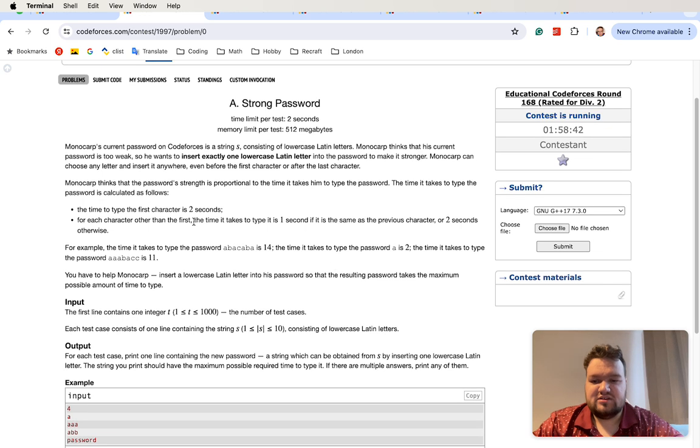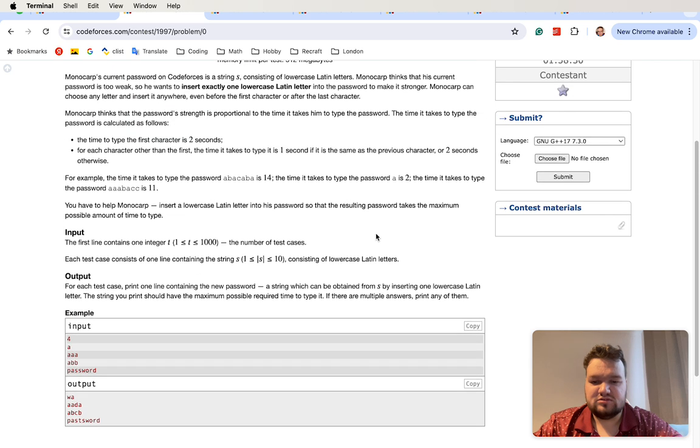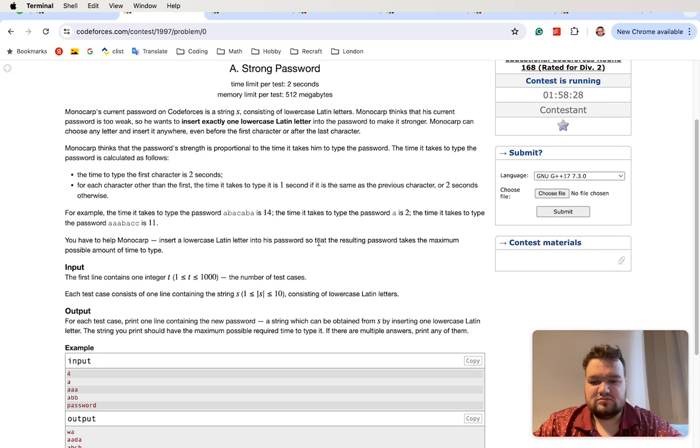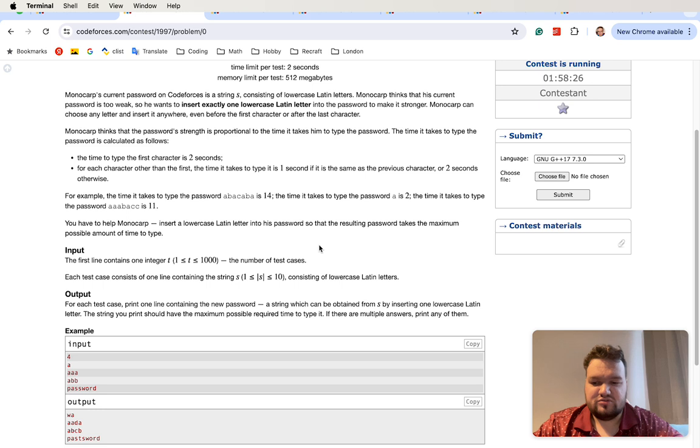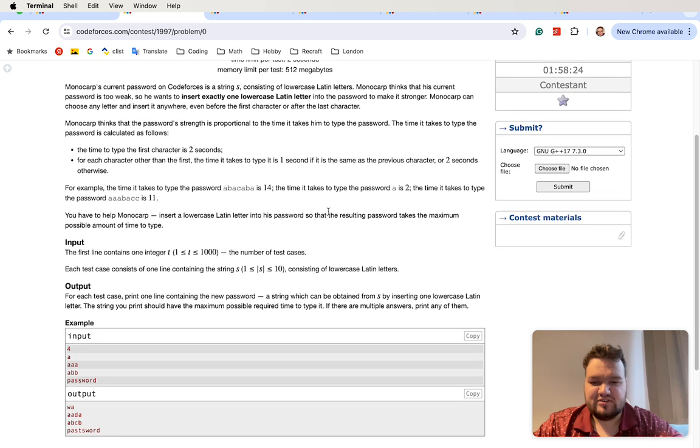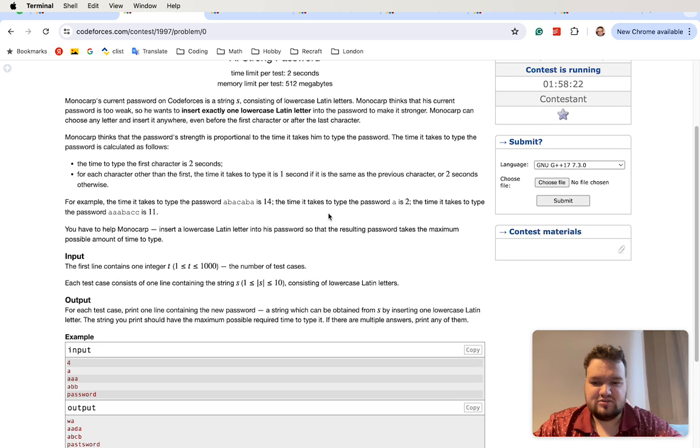Okay, so basically the time is 2 times length minus the number of consecutive pairs that are equal. So we want to minimize the number of consecutive pairs that are equal. And obviously we can always insert the character.